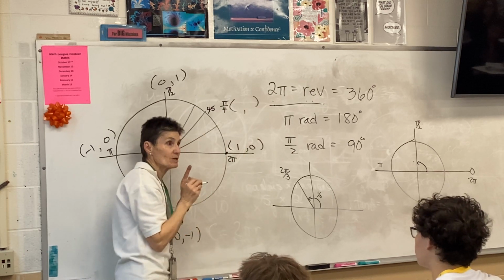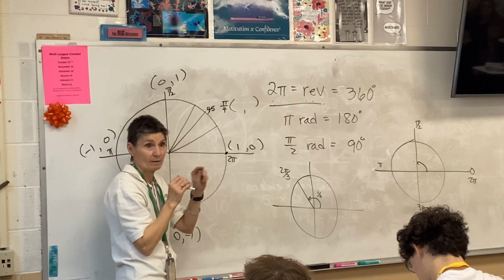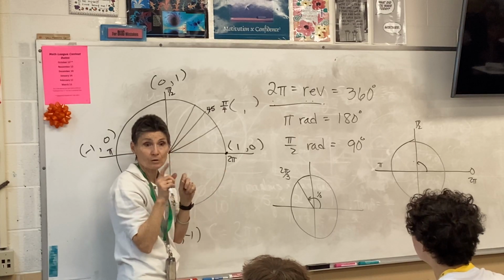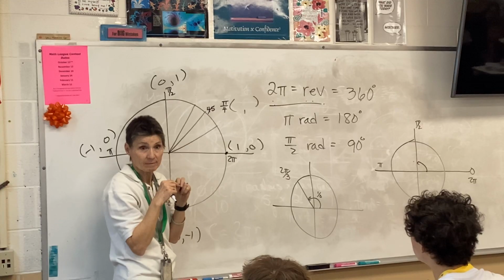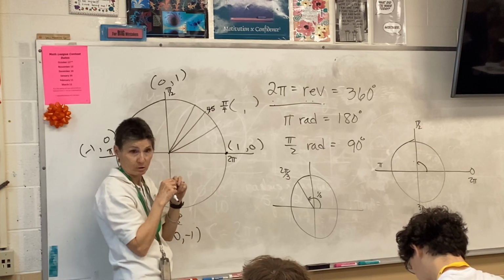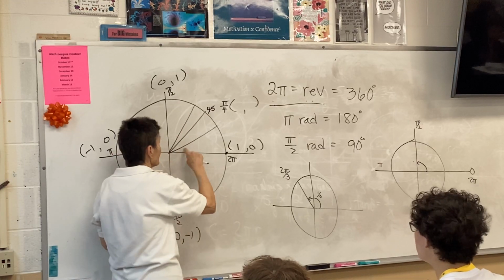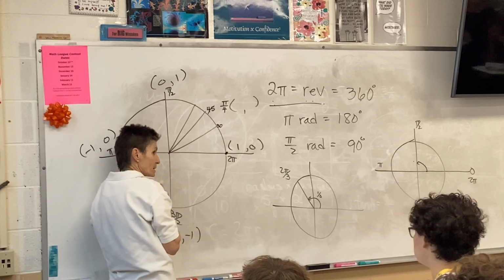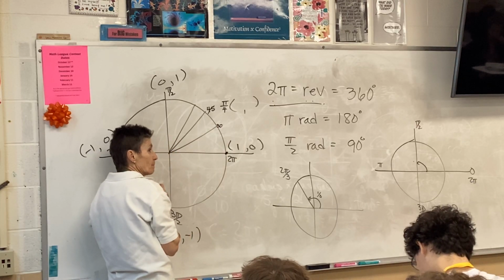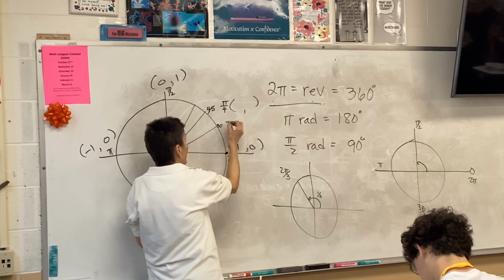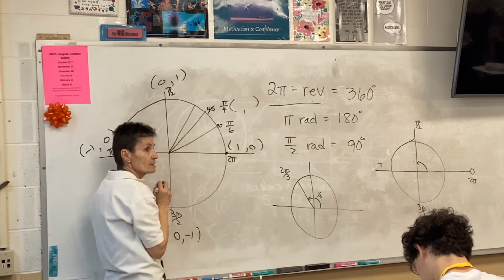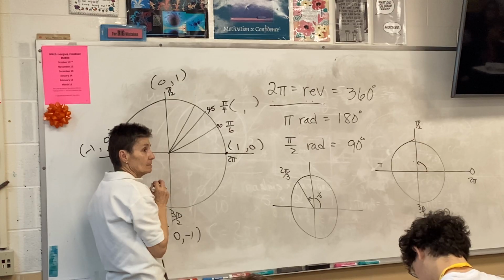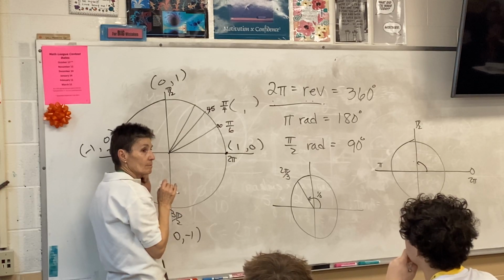What were our other special angles? 45 is one of them. What were the others? 30 and 60. 90 is already up there, but 30 and 60 were special. So this one is like the 30 line. What would 30 be in radians? Pi over 6? Does that make sense to you?